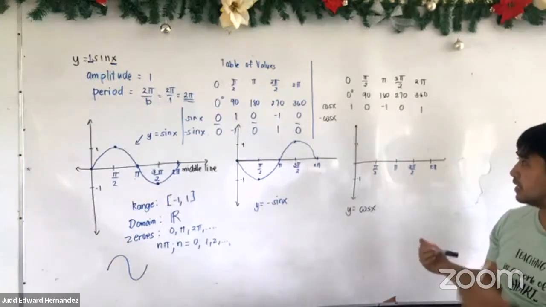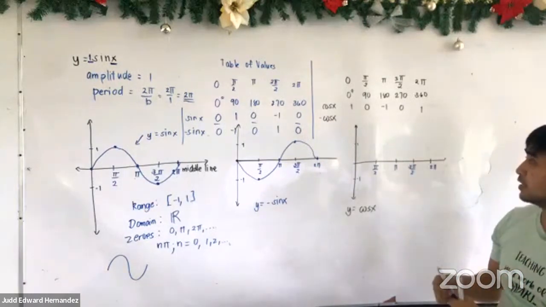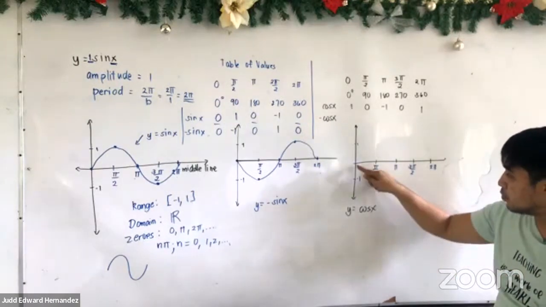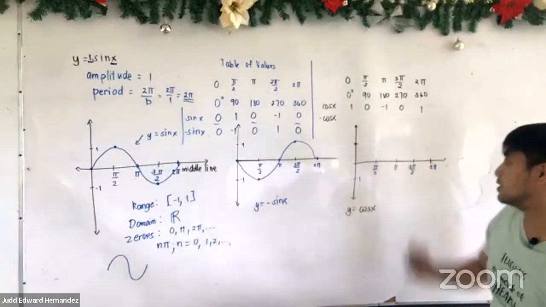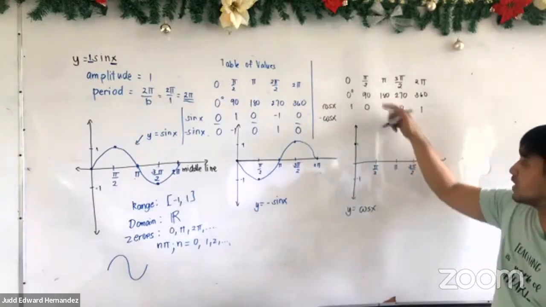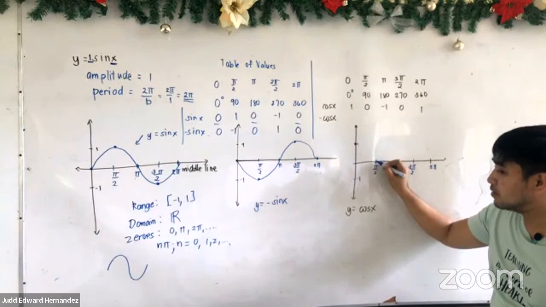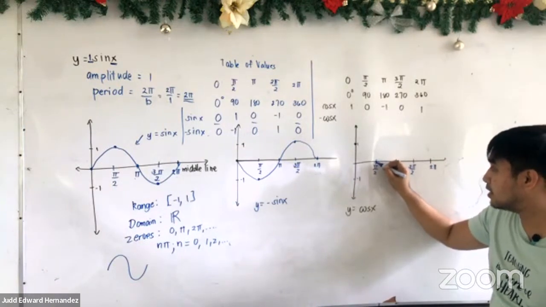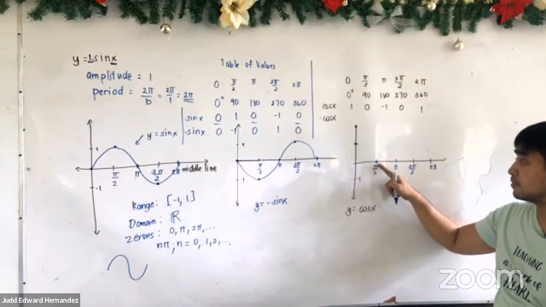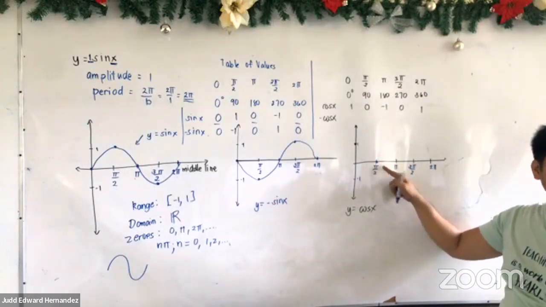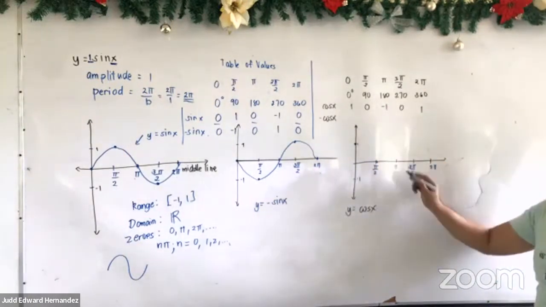So in this case, pwede na natin siyang i-graph. Sabi natin, cosine 0 is 1. Therefore, amplitude siya. Is that clear? Cosine 90 is 0. Therefore, tama ba na nandito siya? Yes or no? Yes po. Okay. Cosine 180, negative 1.